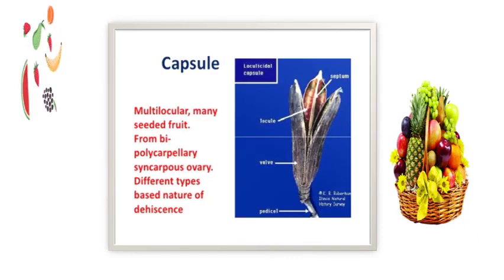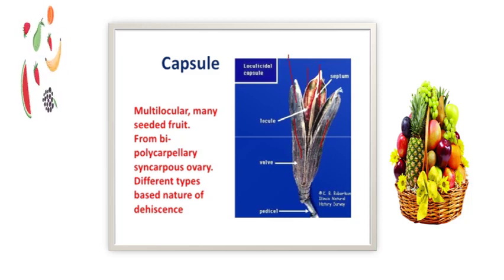So the last one of the capsular fruits or dehiscent dry fruit types is capsule. Basically, in capsule the fruit is derived from a polycarpellary syncarpous pistil with a superior ovary. Sometimes it is also formed from an inferior ovary. So here we have a multiple carpel ovary, this one, this one, this one, and this one.